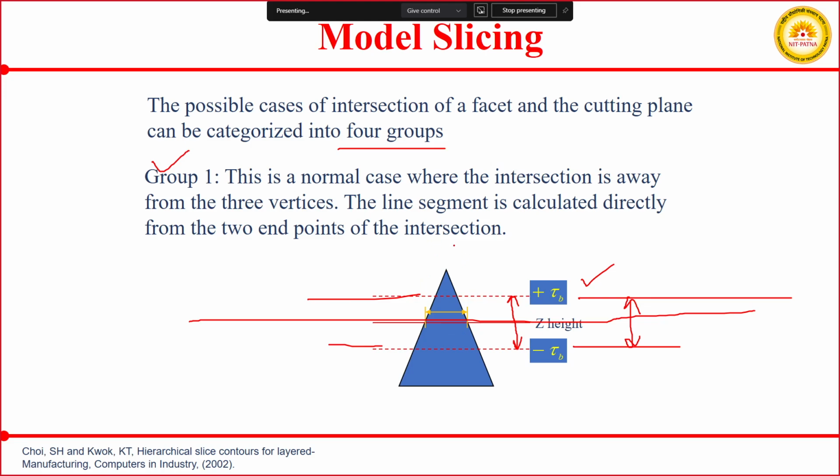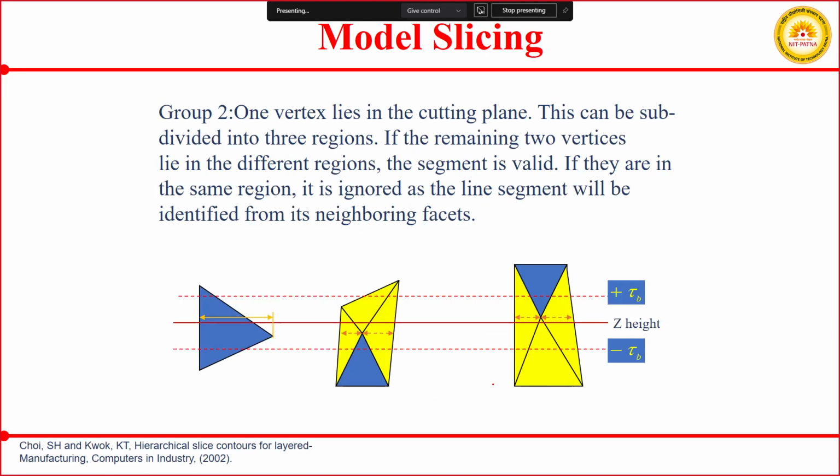Since none of your vertex is falling in between, the upper portion of the intersection may be taken into the upper portion, and this may be taken into the lower portion. Then there is the second case.